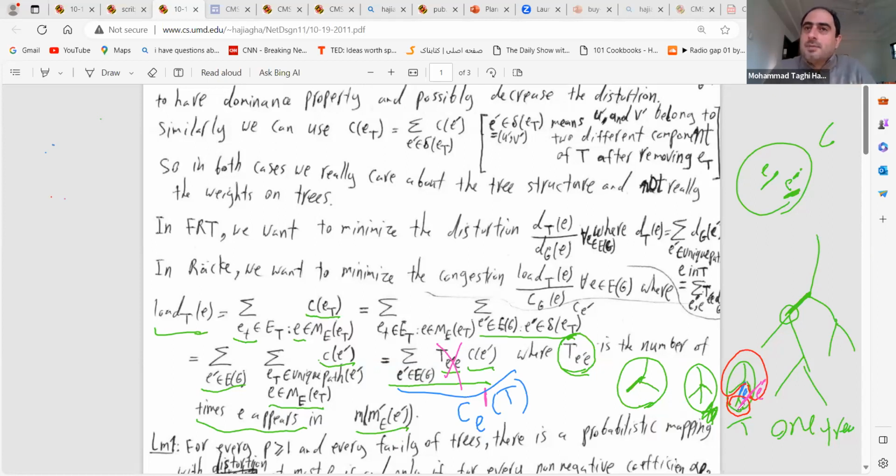If that edge is not present in the graph, all of this T would be 0, so the whole load would be 0. So if the edge belongs to the tree, it would be C E of T, and 0 otherwise.